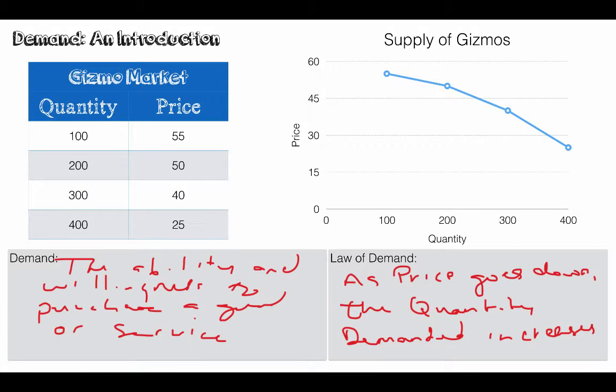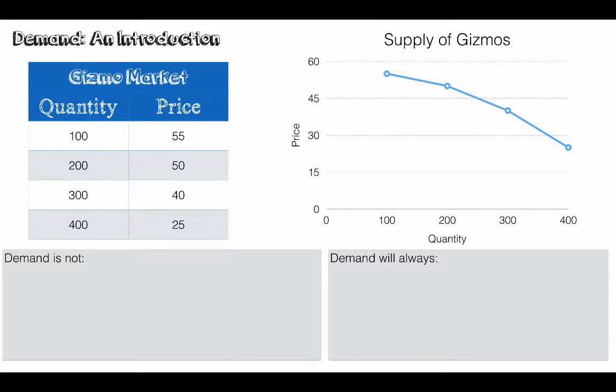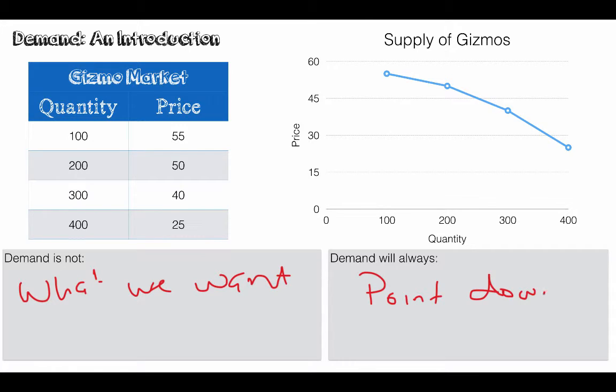And what it looks like is this: as price goes down, quantity demanded increases. We have an inverse relationship when we talk about demand. So demand is not what we want. Instead, it's what we can actually buy. And demand will always point down to the right. And that's really the gist of demand for our purposes.